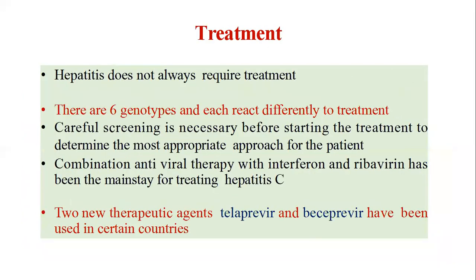What is the treatment? We're sorry to say that for this particular hepatitis, there is no vaccination and no such drug. So multiple therapies have been developed. Two new therapeutic agents, telaprevir and boceprevir, have been used in certain countries.